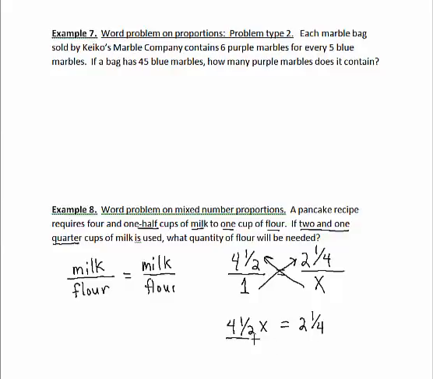And now if we divide by 4 1/2 on both sides, the 4 1/2 on the left cancels, and we simply need to calculate 2 1/4 divided by 4 1/2.